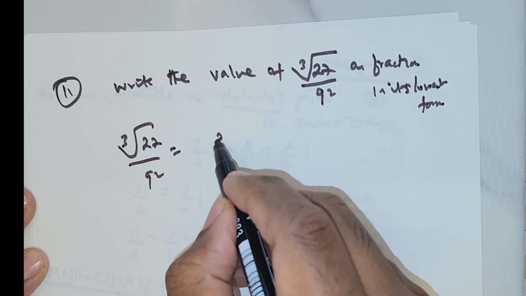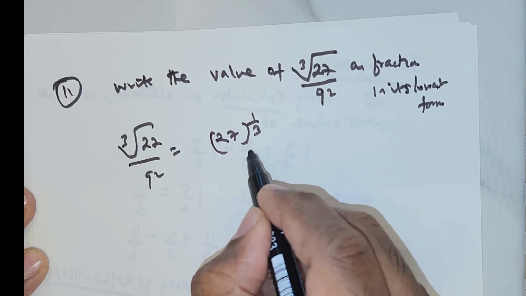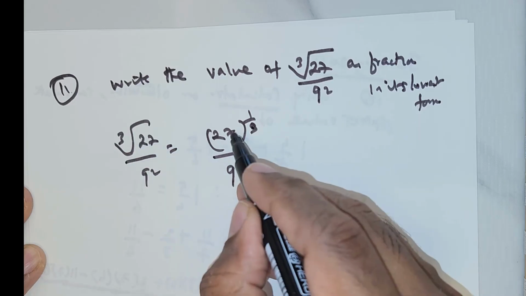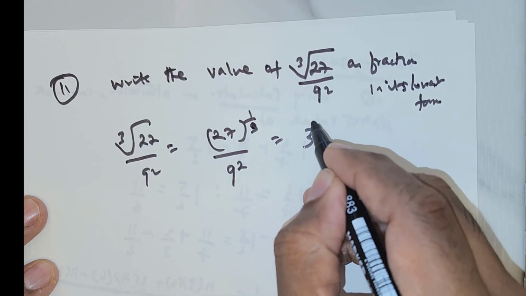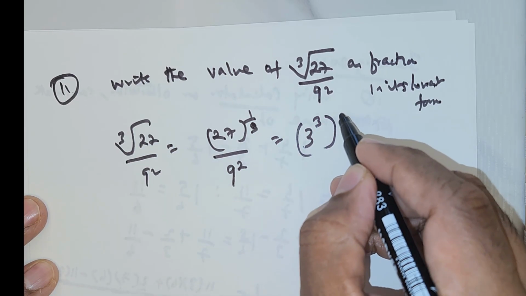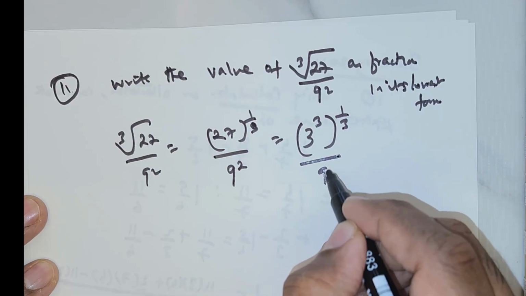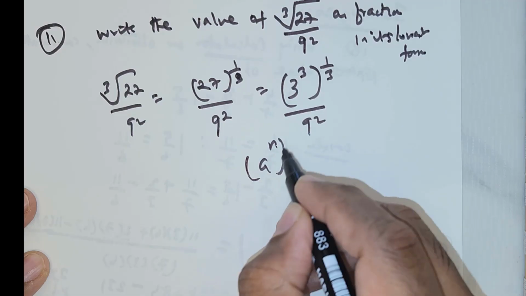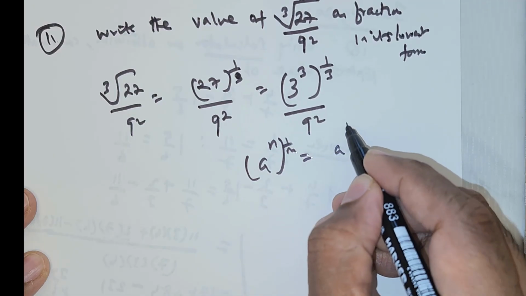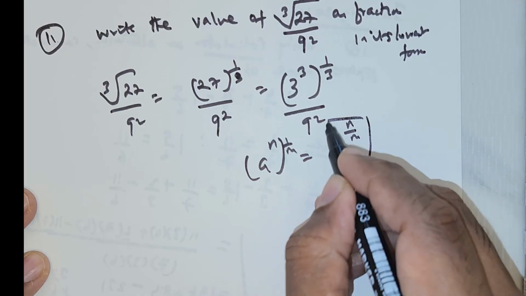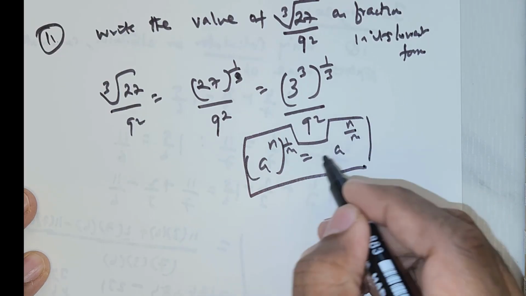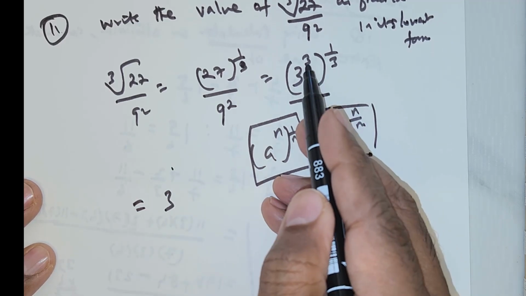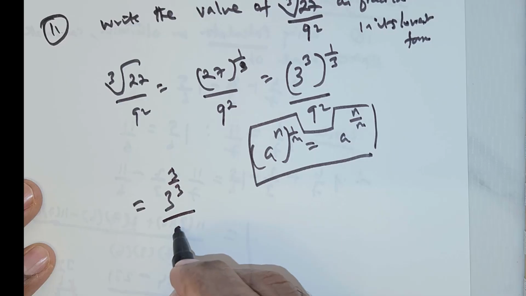Now this can be rewritten as 27 raised to the power of 1/3 divided by 9 squared, from the law of indices. Now 27 is nothing but 3 cubed, raised to the power of 1/3, divided by 9 squared. Now by the law of indices, a raised to the power of m, raised to the power of 1/n, can be rewritten as a raised to the power of m/n. So by this property, this can be rewritten as 3 raised to the power of 3/3 divided by 9 squared.